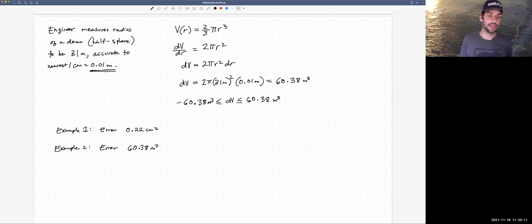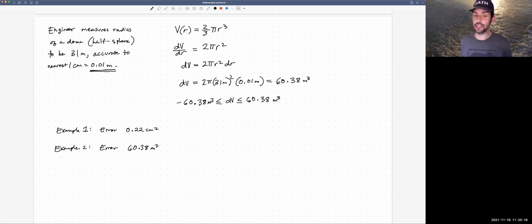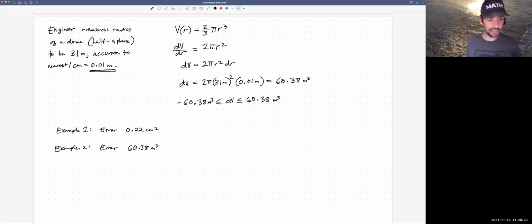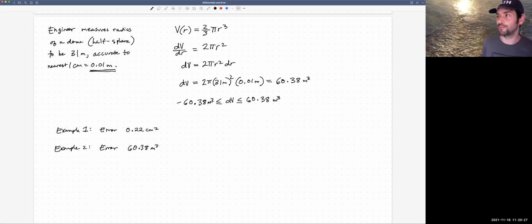In this case, it could go in both directions. Now, looking at these two errors, it's really difficult to compare them. They're different units. How do you compare area to volume? Certainly, I think we all feel like 60 meters cubed is somehow bigger than centimeters squared, but that's really not an accurate thing to say.